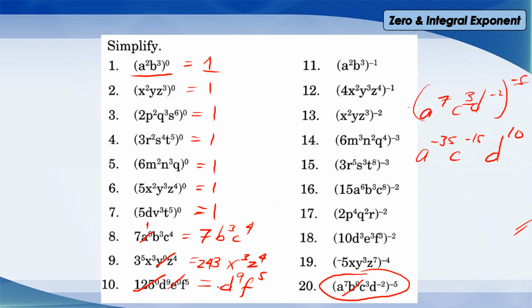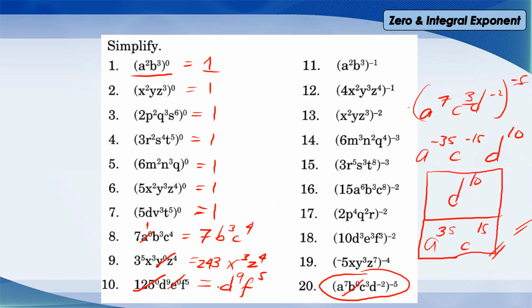Yan, meron tayong positive, therefore may matitira sa taas na isa. Yung dalawang negative, ibababa mo para mawala yung negative na exponent. Yan. We have D raised to 10 all over A raised to 35, C raised to 15.